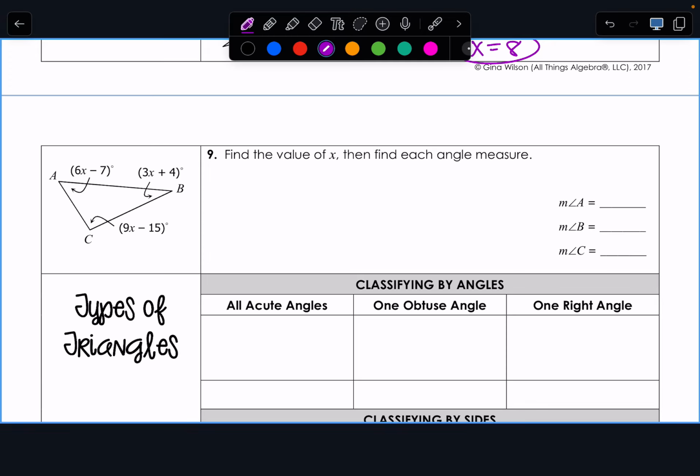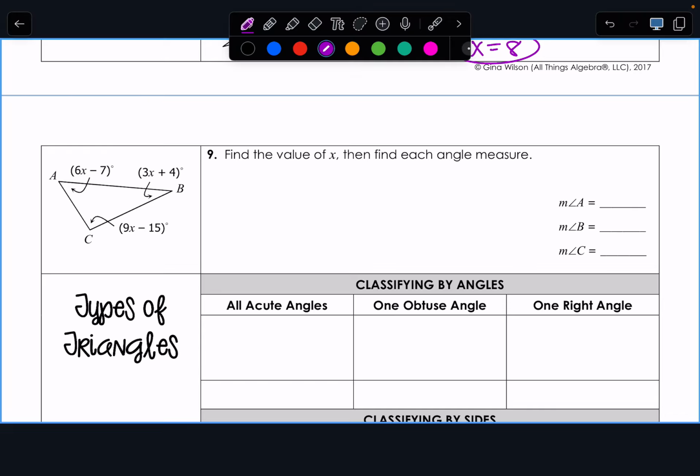Solve for X and stop. I saw a couple humans getting 11. I got 9.